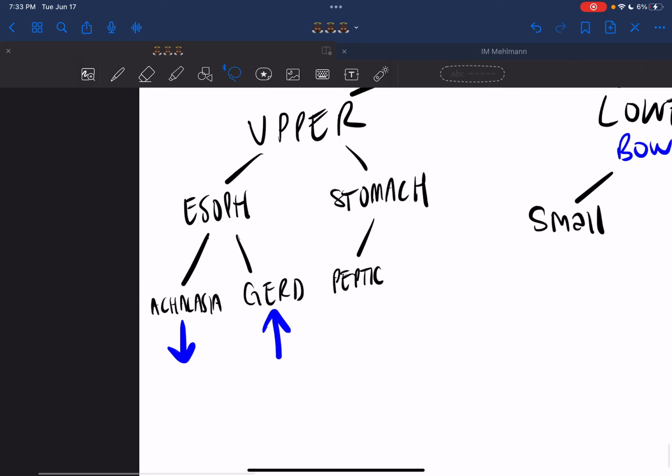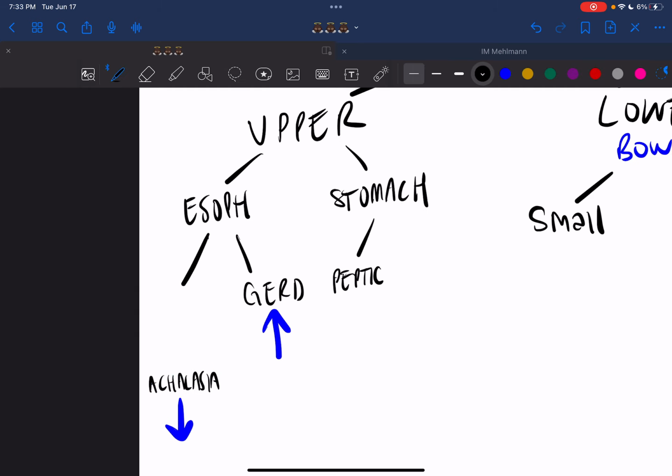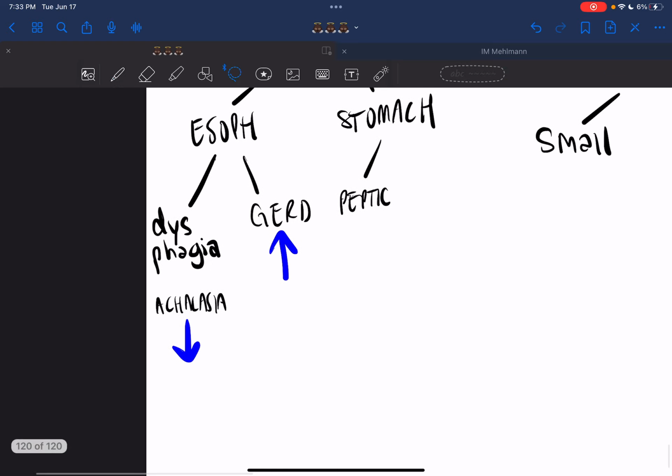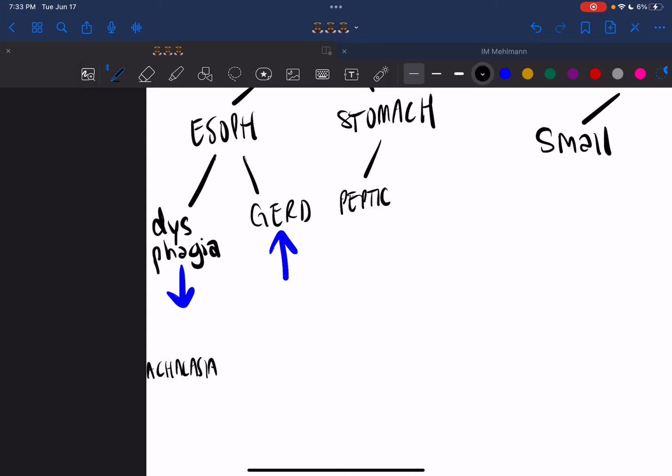And actually, I shouldn't say achalasia. I should say dysphagia, which is problem swallowing. And then achalasia is just one cause of dysphagia, when that door at the bottom is not open, and there's problems with the nerves to move the esophagus to swallow.